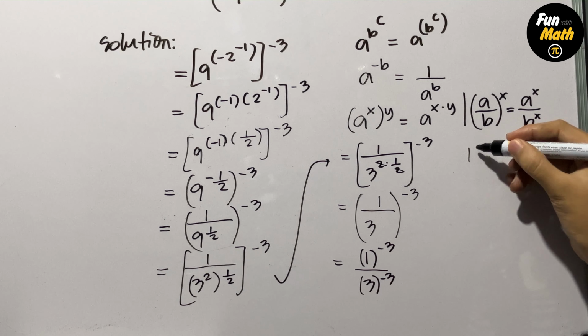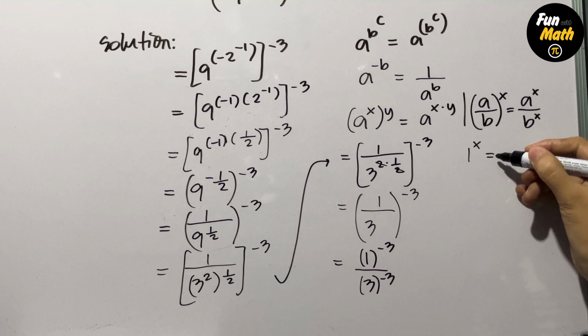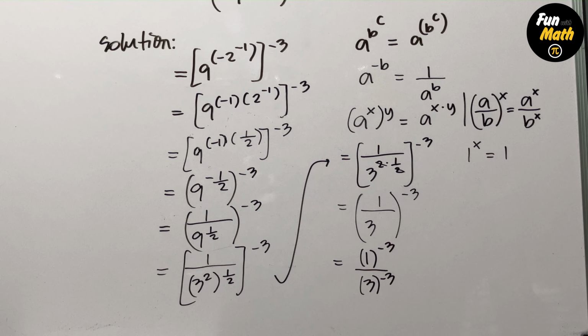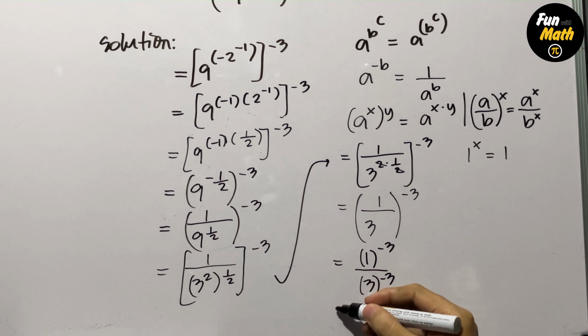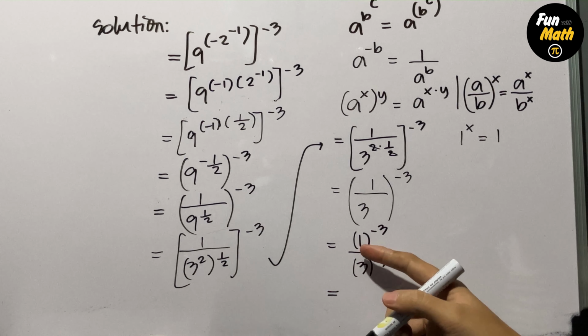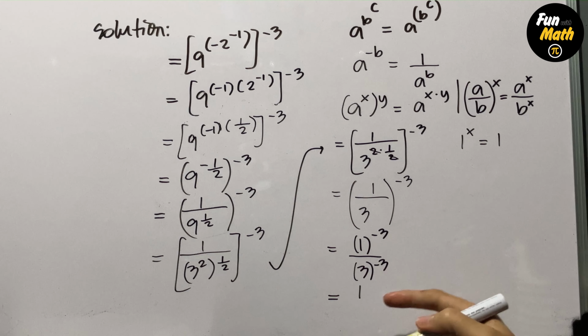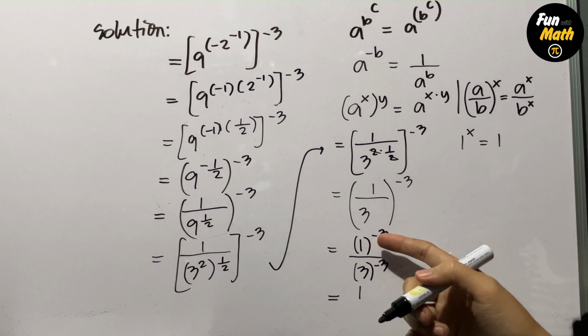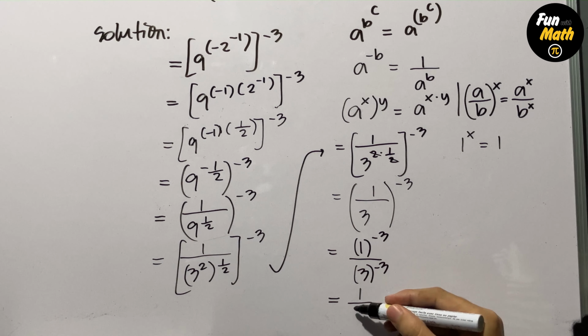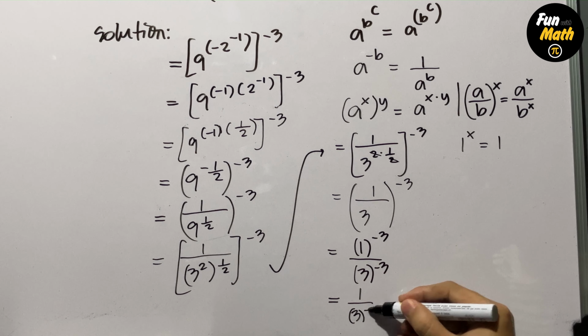Now, 1 to the power of x is always equal to 1. So for this is now equals 1 to the power of negative 3, that is equal to 1, regardless of the sign of the power, over 3 to the power of negative 3.